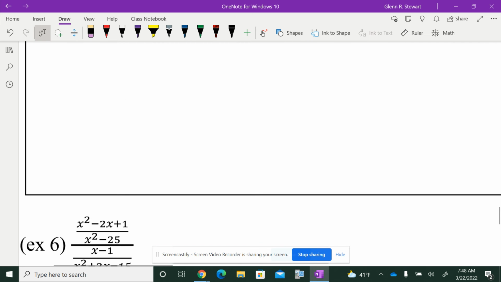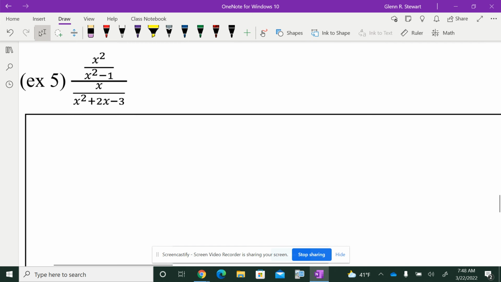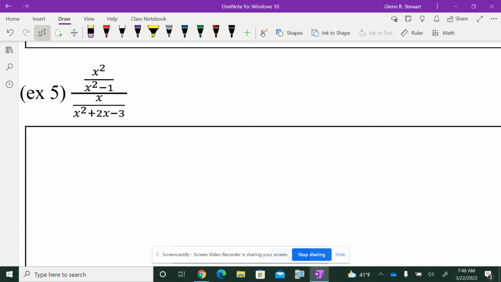Let's try example 5 together, and then I'll pause the video and have you guys try example 6. If you notice here again, it's a fraction over a fraction. So let's flip our bottom and then factor it out. Go ahead right now at your seats, try and factor it.